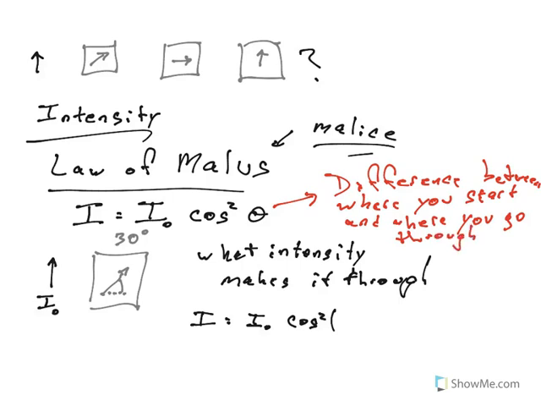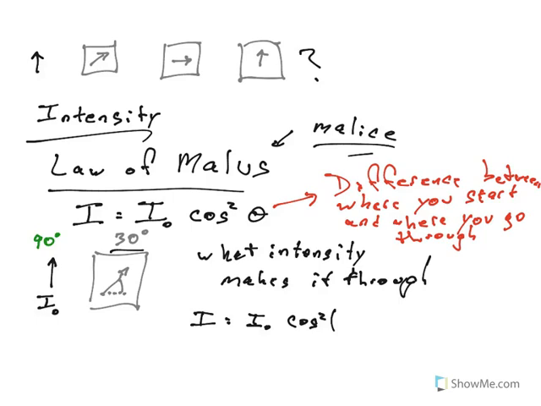Okay, so that means you don't just take the angle that the polarizer is at. You've got to say, what's my initial angle? Well, my initial angle for this problem, I'm polarized up, so with respect to the x-axis, this is 90 degrees. What am I trying to get through? I'm trying to get through a 30.